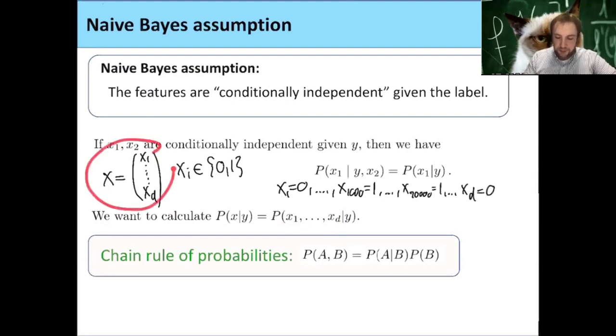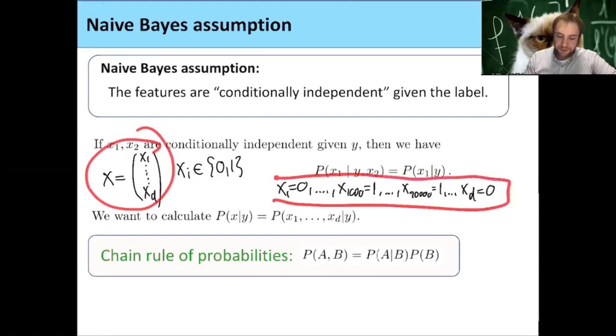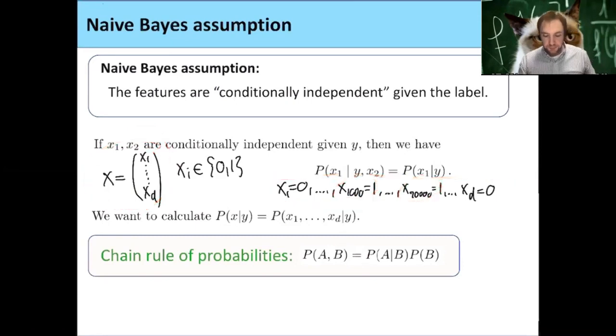So this email is given by this event here, that this is 1, and the rest is 0. And we want to learn the probability of this email under the knowledge of whether this y is spam or not.